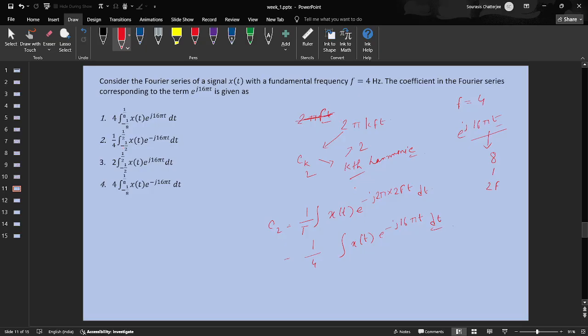So the one will be 4, right? Oh, sorry, yes, correct. It should be 4 here. So which one of the options is correct? The fourth one, 4, right? The fourth one.